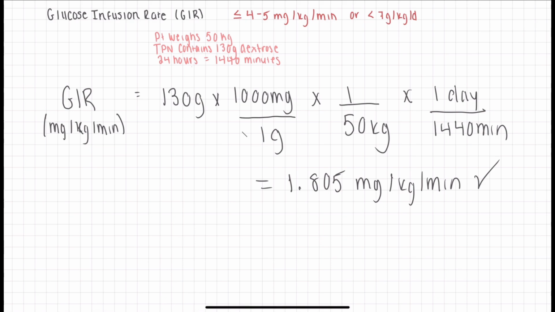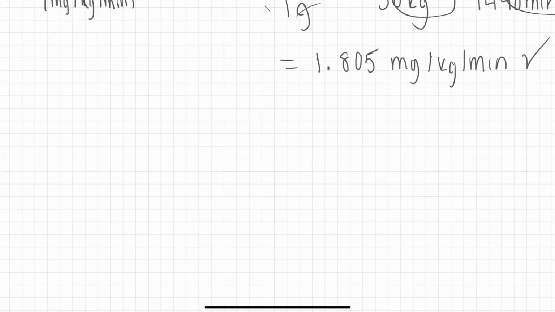And how we got this was our grams canceled out, and then we were left with milligrams per kilogram per minute. So really the formula is quite simple.